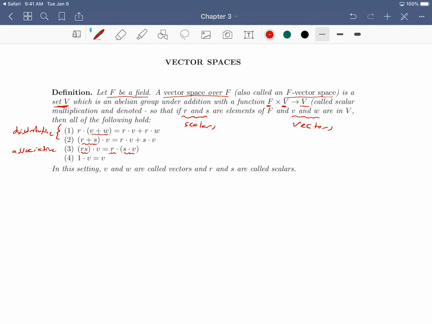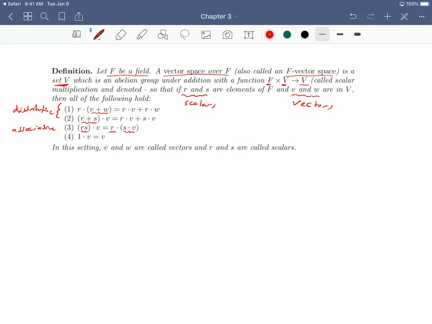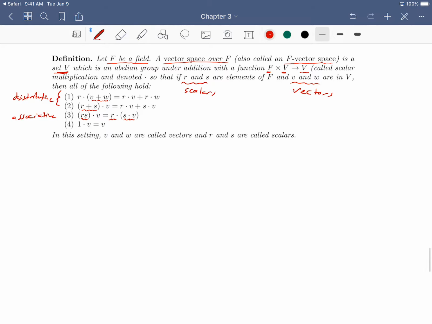And so there's different stuff happening on both sides of those. And then the last one is talking about the scalar 1 being sort of an identity under the scalar multiplication. Okay, so v and w are the vectors, r and s are the scalars, and this is our definition of a vector space.